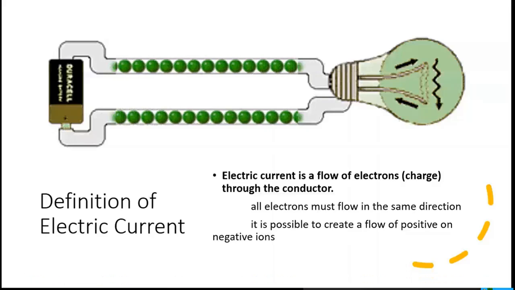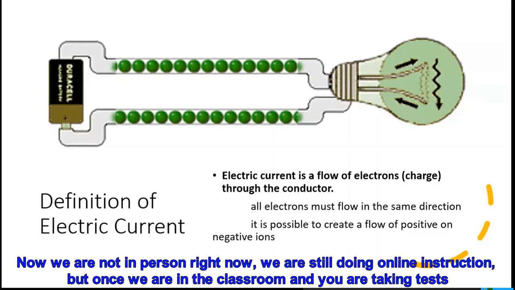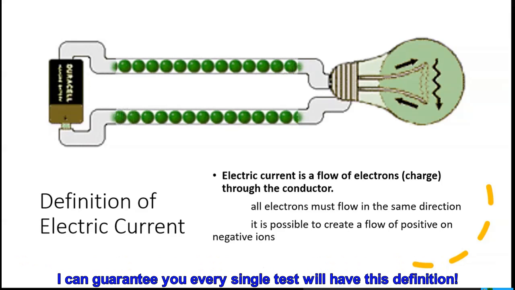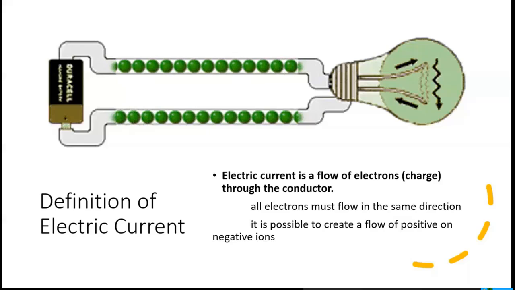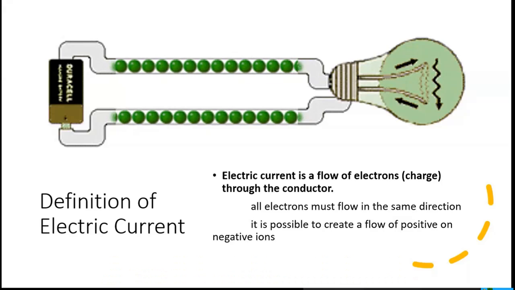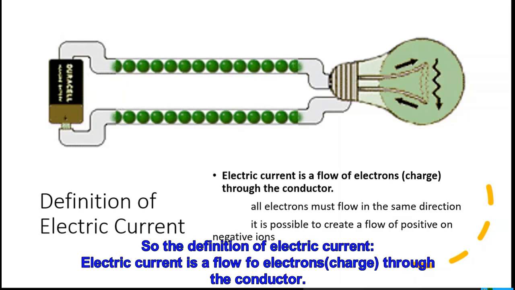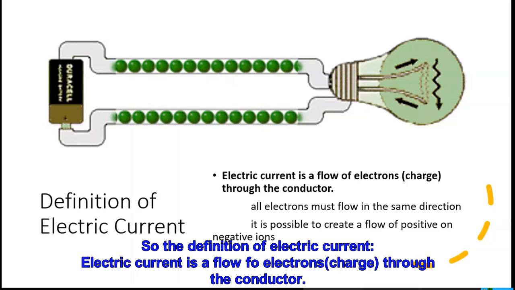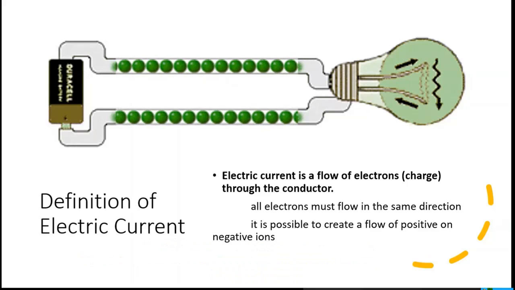Now, we are not in person right now, we're still doing the online instruction, but once we are in the classroom and you are taking tests, I can guarantee you every single test will have this definition, because this is one of the most fundamental and important things to learn, because it is useful. So the definition of electric current. Electric current is a flow of electrons, charge, through the conductor.